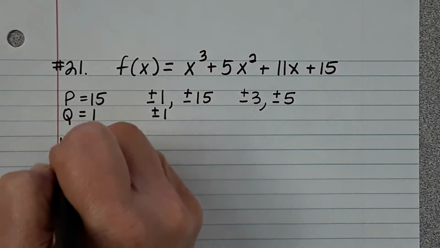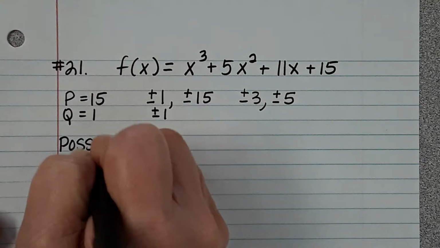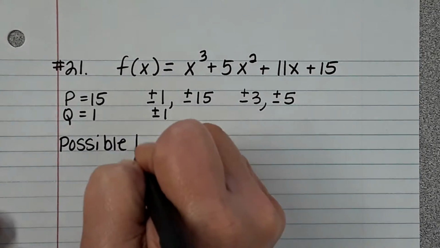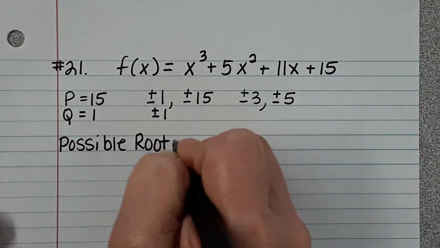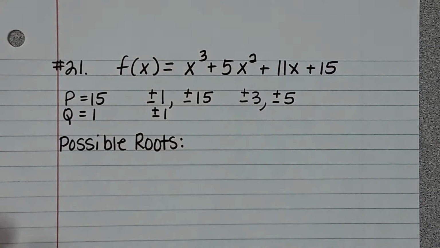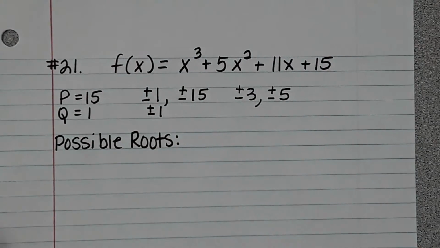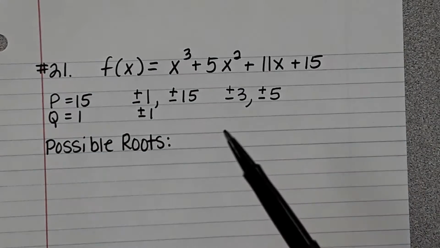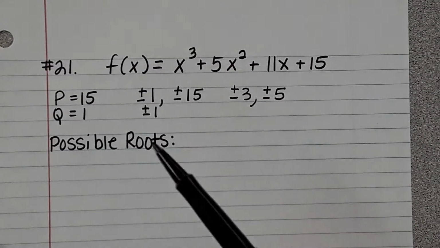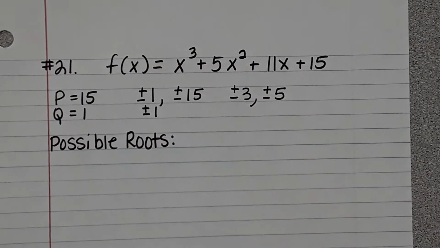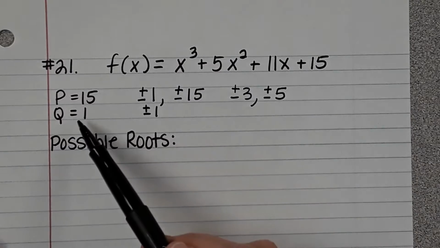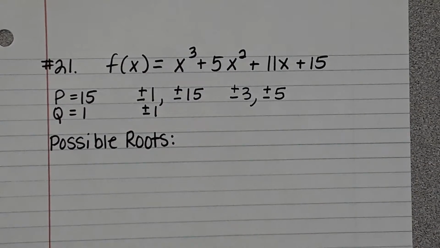Okay. Now we're going to write our possible roots. Our possible roots are p over q. We're going to put them in order from smallest to largest. I will tell you that on the test for your possible roots, you will have a q that is greater than 1 because I want to see if you know how to do those fractions.